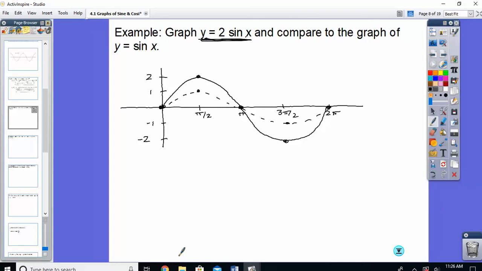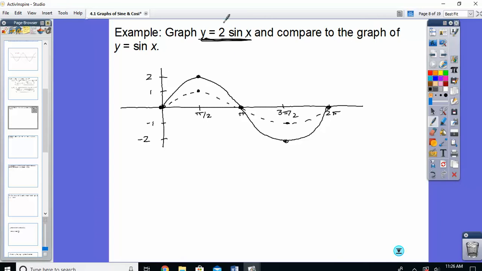Isn't that the same transformations we talked about in college algebra and algebra 2? If you have a number out in front, it's like multiplying your y's by those numbers. So a number in front is going to stretch this. In terms of trig functions, that number has a special name. We call that the amplitude of the graph.